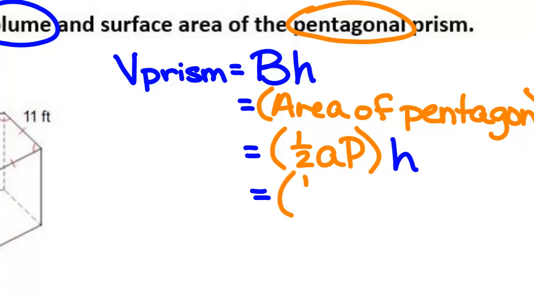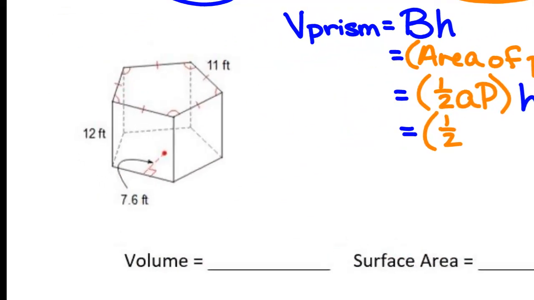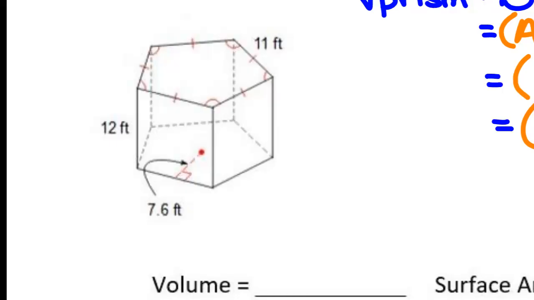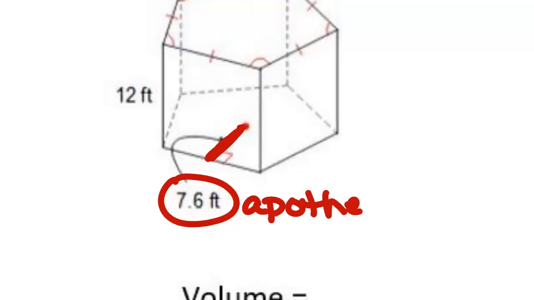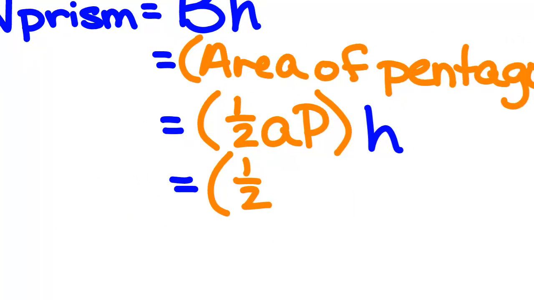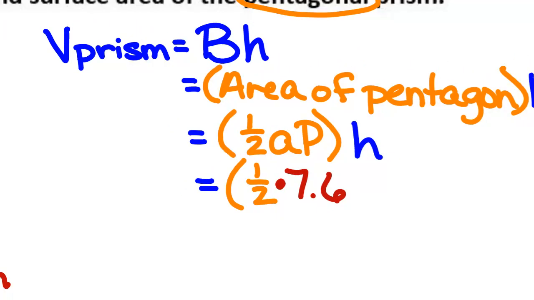Do we have the apothem of the pentagon? Yes. How big is it? 7.6. This right here is the apothem. So times 7.6.